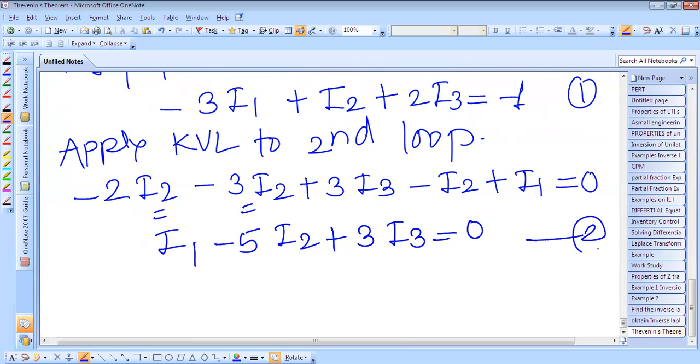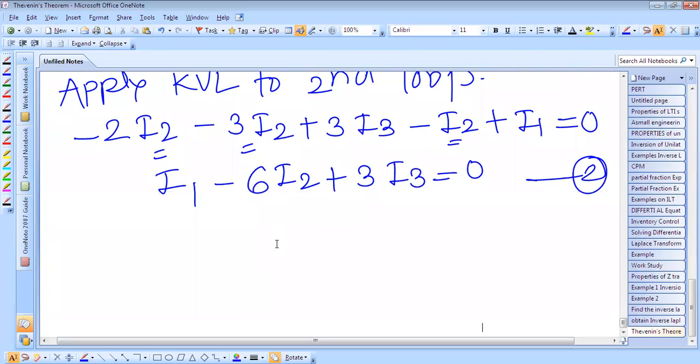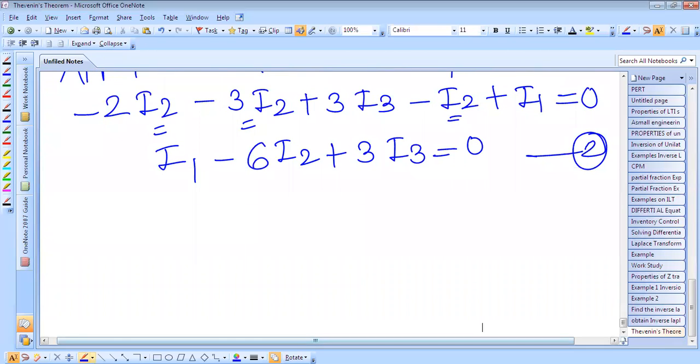This is equation number 2. Okay, I2 is here, this I2 is also there, so this will be 6. Again, apply the KVL to the third loop.